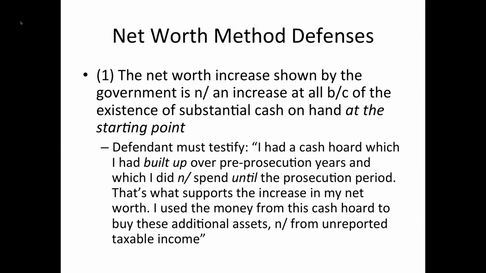Great. So again, not to beat this issue to death, and not to overindulge the Tony Soprano example, but what we're dealing with is the situation where the taxpayer is arguing, hey, I'm not denying that I spent a large sum of money during the prosecution period, and I'm not denying the fact that I spent more money during the prosecution period on items that well exceeded my gross income that I self-reported this year.